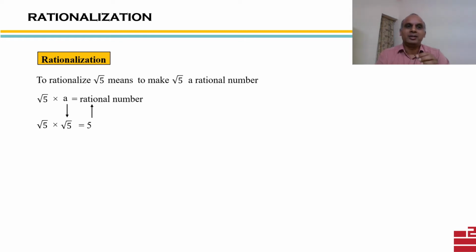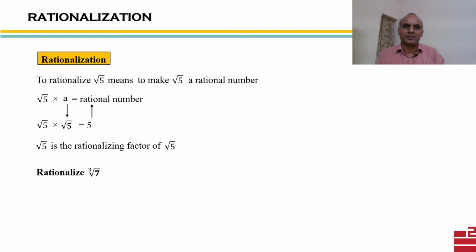Okay, so I will say that we use the second term root 5 to rationalize the first term root 5. And therefore we say that the second term root 5 is the rationalizing factor of the first number root 5. Okay, more examples.